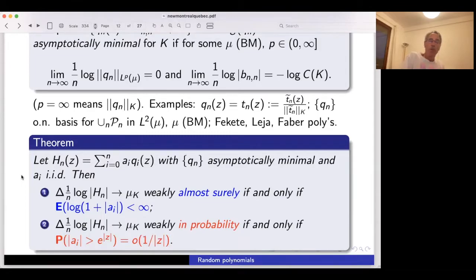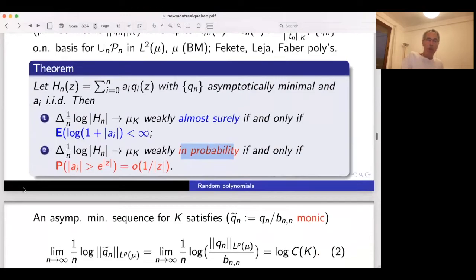So in one variable, this is about as general a theorem as you can get. You are allowed more general bases than just orthonormal bases with respect to Bernstein-Markov measures, and exactly the right conditions on the random coefficients to get, on the one hand, almost sure convergence, and on the other hand, convergence in probability.